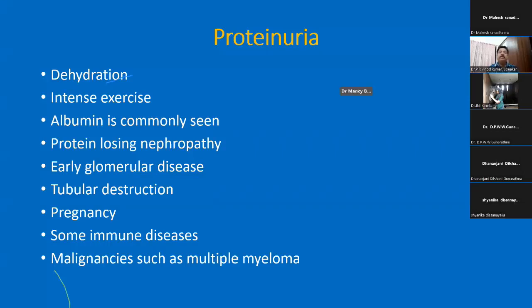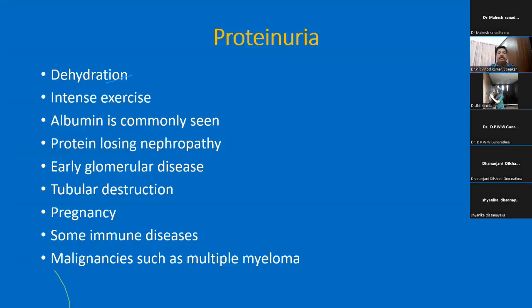In early glomerular disease, proteinuria occurs. Tubular destruction also. In pregnancy, especially in human beings, this is very significant. The big bump of the fetus can press the renal artery, producing ischemia to the kidneys and thereby producing proteinuria.